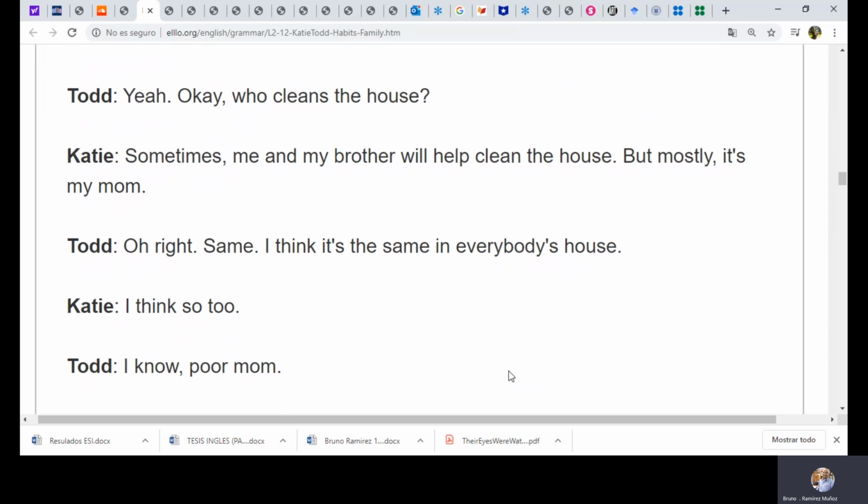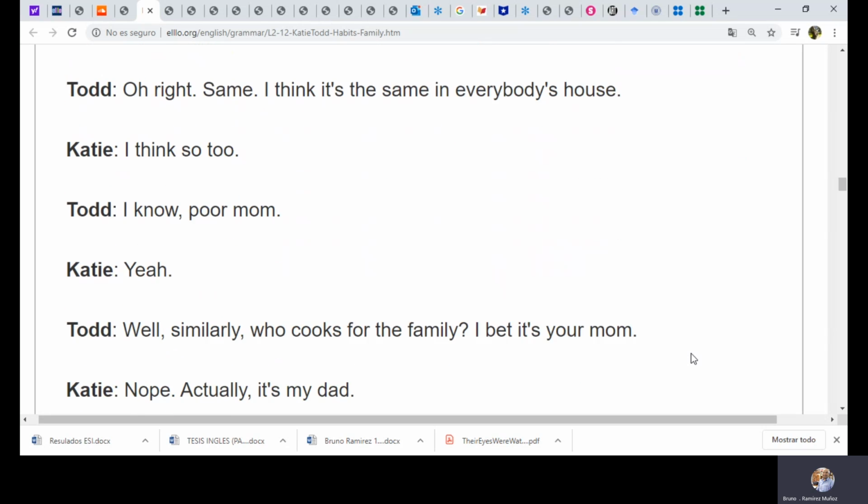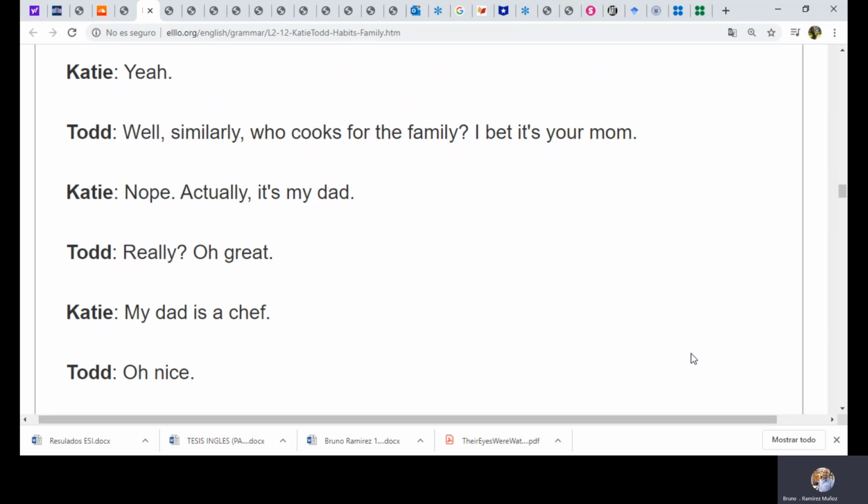Okay, who cleans the house? Sometimes me and my brother will help clean the house, but mostly it's my mom. Oh, right. Same. I think it's the same in everybody's house. I think so too. I know, poor mom. Yeah. Well, similarly, who cooks for the family? I bet it's your mom. Nope, actually, it's my dad. Really? Oh, great.